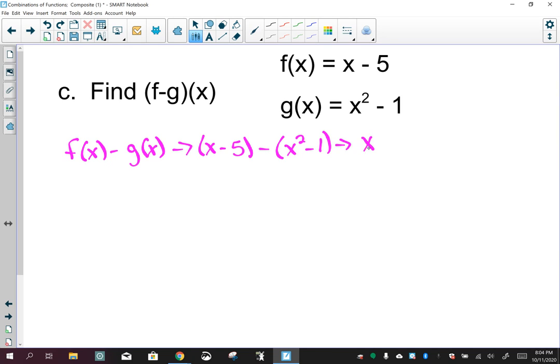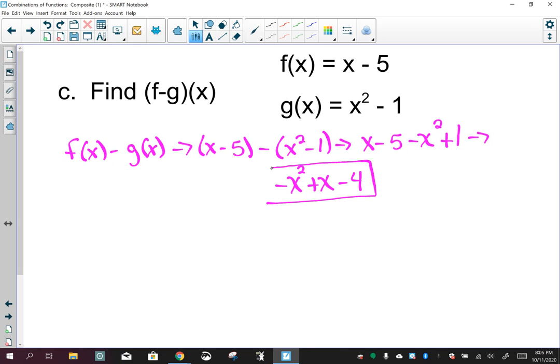So that x minus 5 is just going to sit there, and then minus x squared, and then plus 1. And then put it in order from highest exponent to lowest exponent. Make sure signs go with signs. And I am done. It's pretty much straightforward.